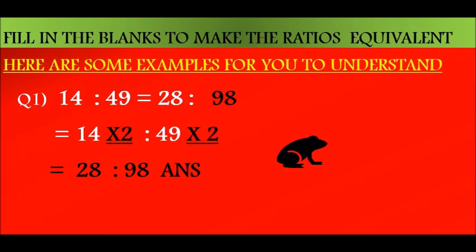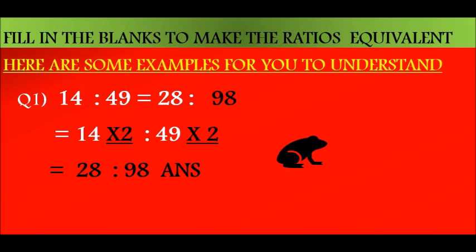Why are we comparing 14 with 28? Because 14 and 28 are standing on the first place. How did you get 28? Compare 14 with 28. Multiply 14 by 2 and you get your 28.